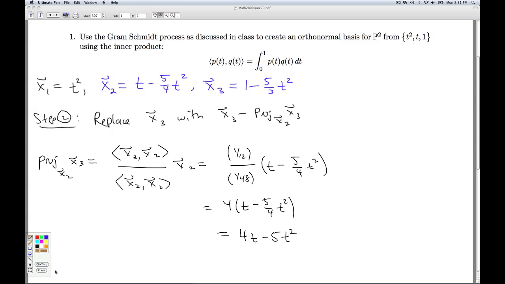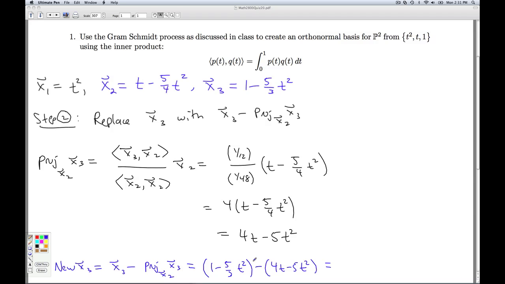So the new x3 is x3 minus its projection onto x2, which is 1 minus 5/3 t squared minus 4t minus 5t squared.